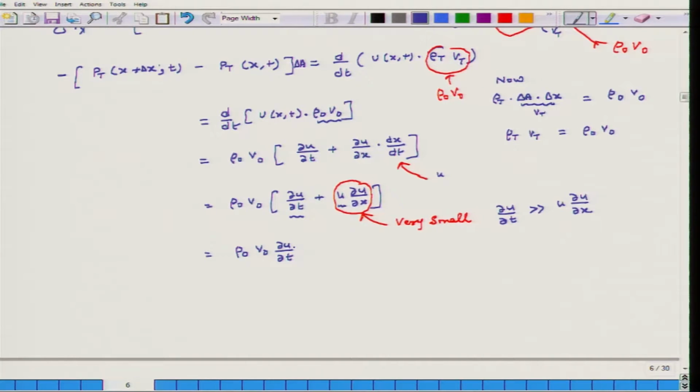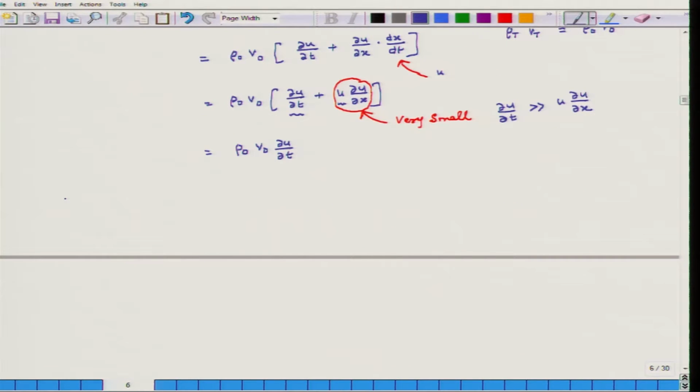So, I can write this overall equation as negative of p(t, x plus delta x, t) minus p(t, x, t), times delta A, is equal to rho naught v naught del u over del t.